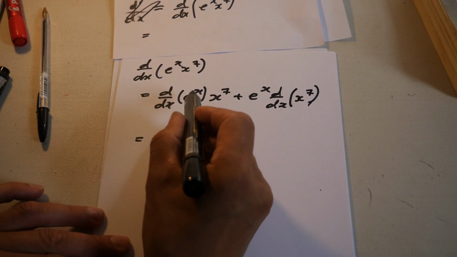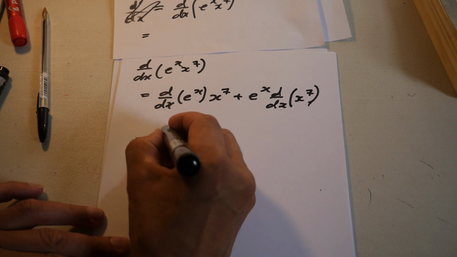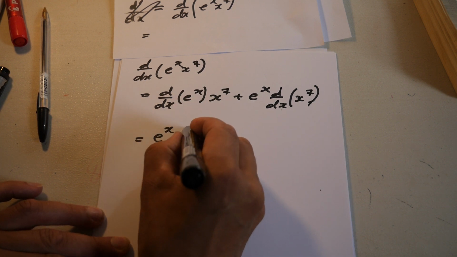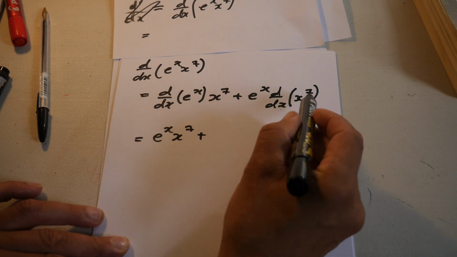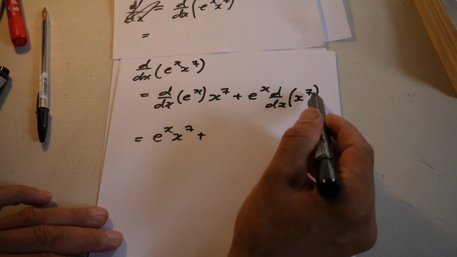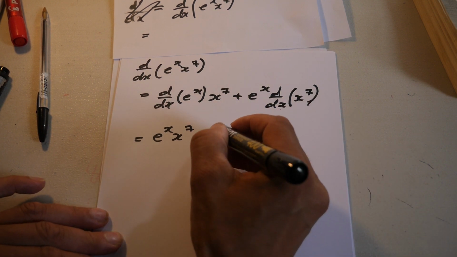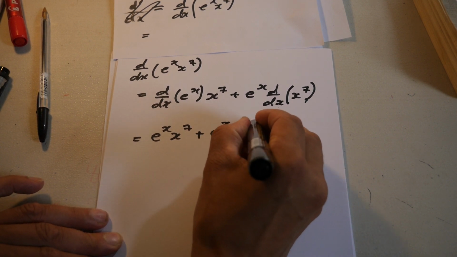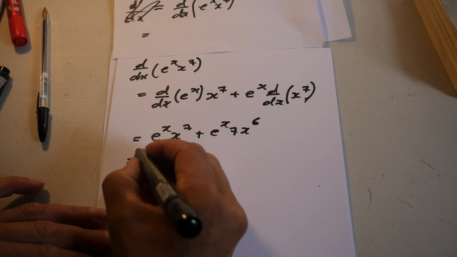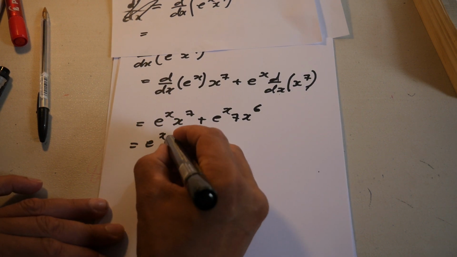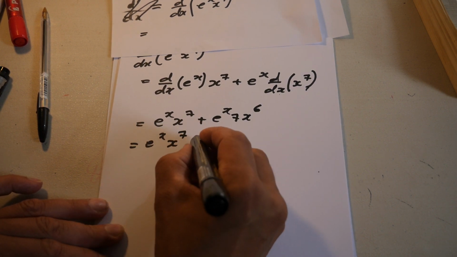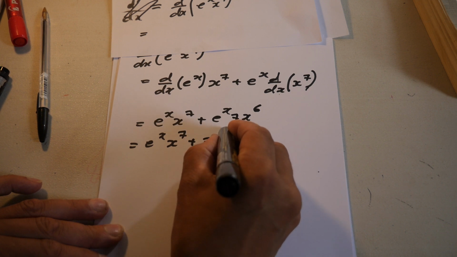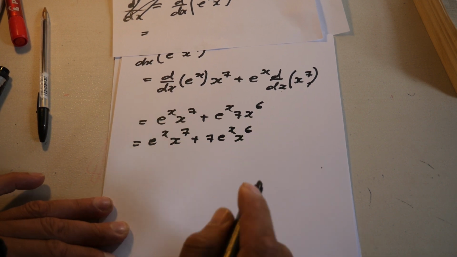So the derivative of e to the x is e to the x times x to the 7 plus the derivative of x to the 7th is 7x to the 6th, okay, which equals e to the x x to the 7 plus 7 e to the x x to the 6, okay?